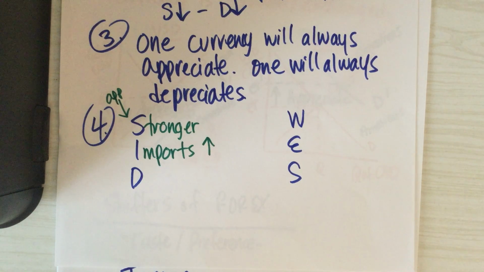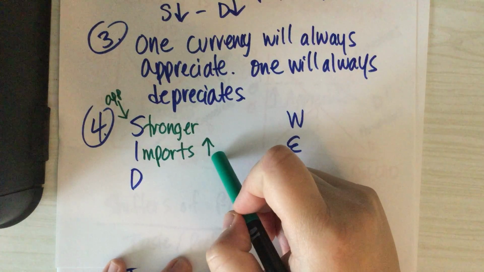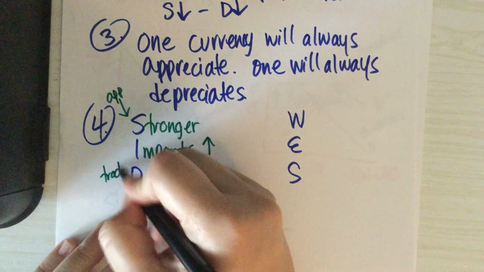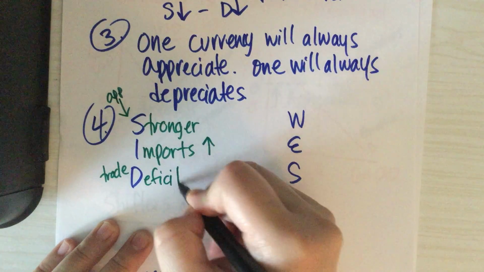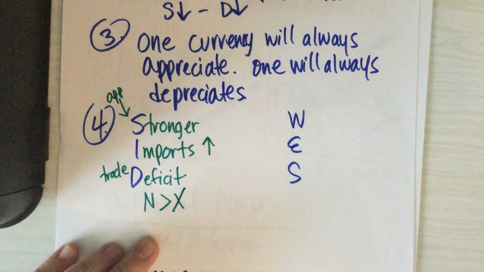So we're going to buy more goods from that country, and our imports are going to go up. When our imports go up, we end up with a trade deficit. A trade deficit means that we are importing more than we are exporting.